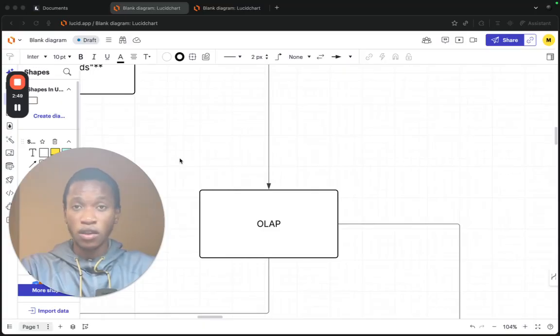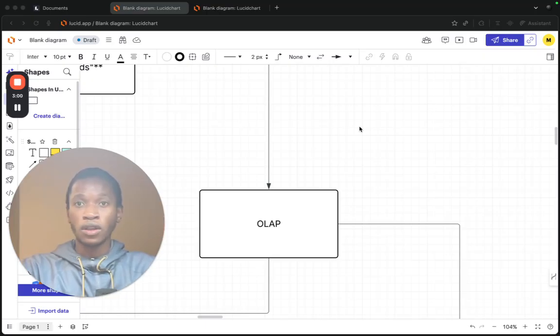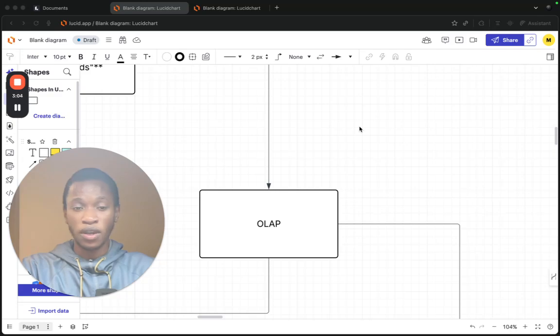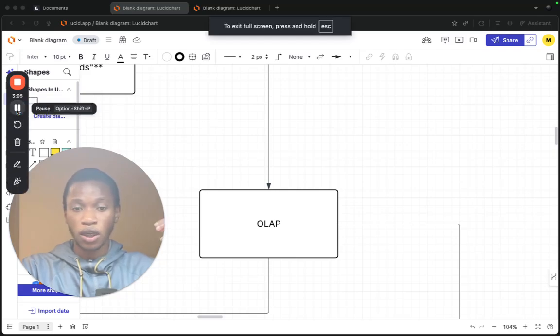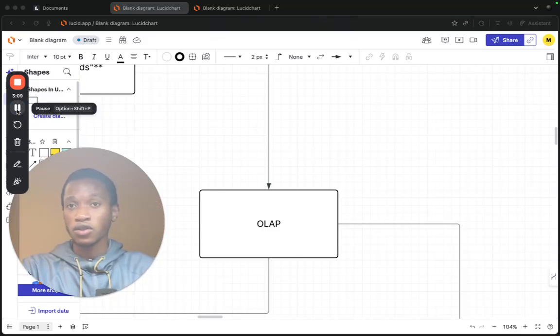And secondly is your OLAP, which is your historical information. OLAP is essentially online analytical processing, right? This is what usually happens.